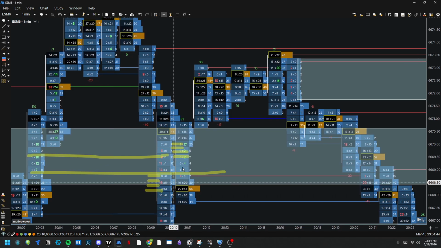After that, as soon as I see a bullish imbalance, I see that the aggression started to kick in. Boom, I'm in long. Where will my stop loss go? Right below this absorption.